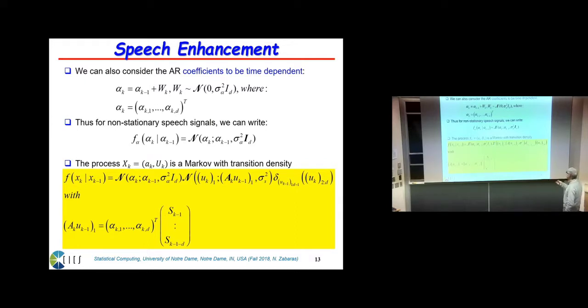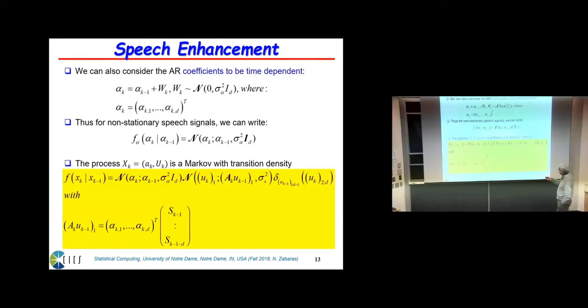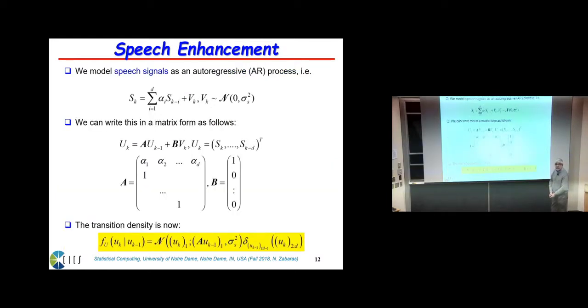All right. So if you do this, effectively you will need to extend the previous model, not only to include uk, but also to include these coefficients alpha k in the model. And there's a trivial way of doing this by enhancing the state x to include both u and alpha. And when you do that, the dynamics are defined exactly as before, which is the last two terms, plus a Gaussian that defines the transition of alpha k from alpha k minus 1.